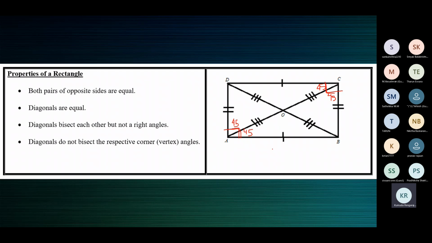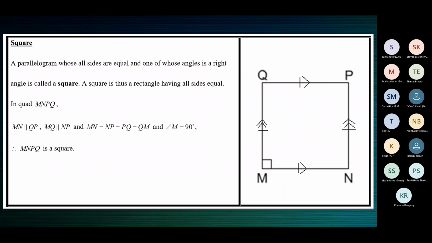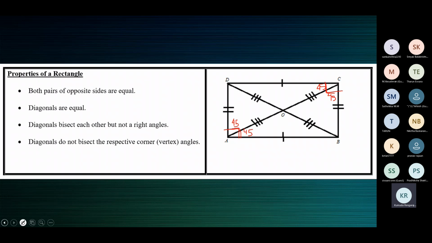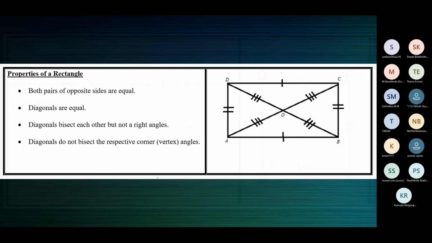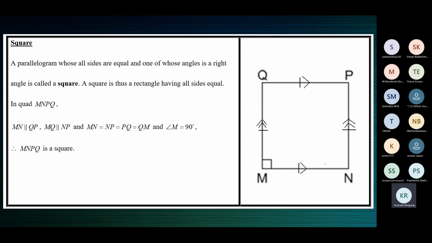Okay, let's come to that later. So in a square, we know that, okay, diagonal MP, diagonal NQ.